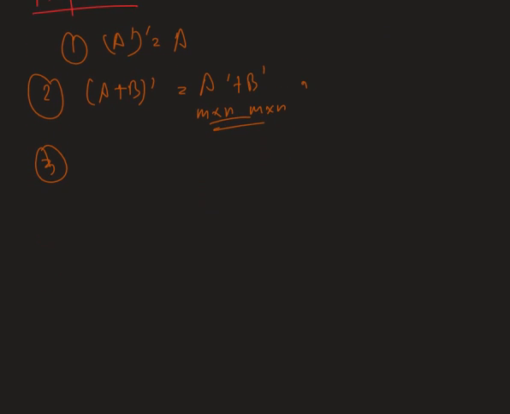The third property is kA whole transpose is going to be k times A transpose, that is, there is no transpose for any scalar, and here k is a scalar, so k should be intact, real or complex.